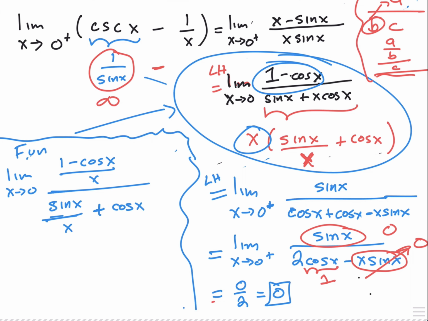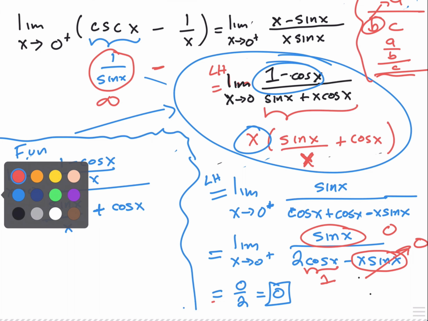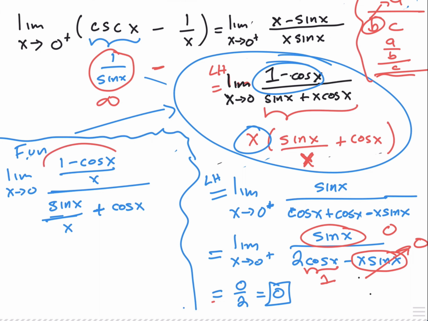But anyways, what is this limit? That's 0, right? You can either remember one of the limits that we did back in the day, or just do L'Hopital's rule once on that, just by itself, and you get 0. And then what's this limit? 1. And what's this one?